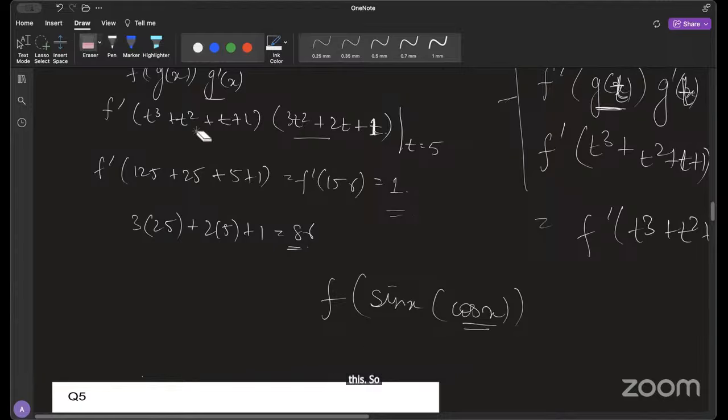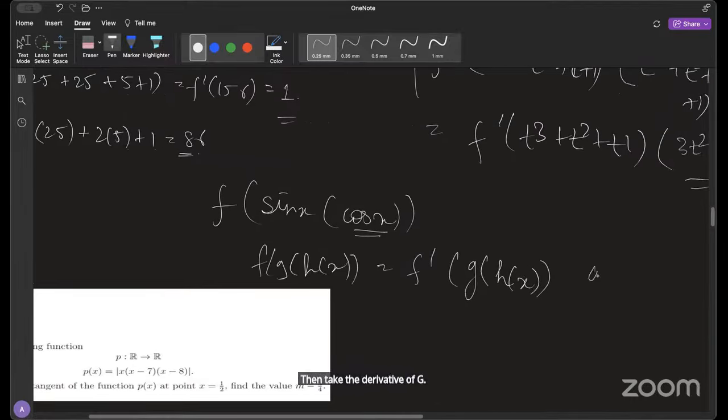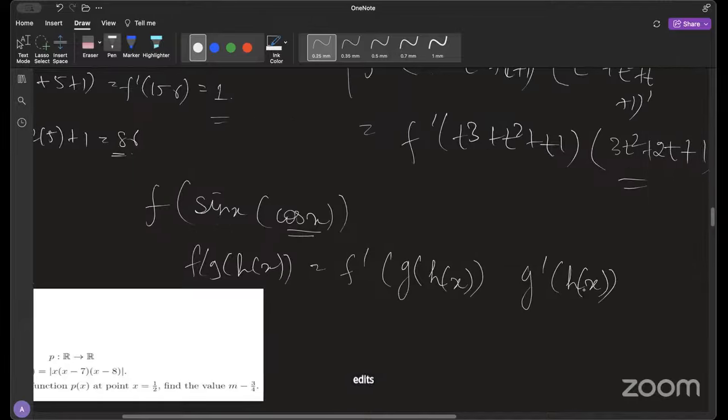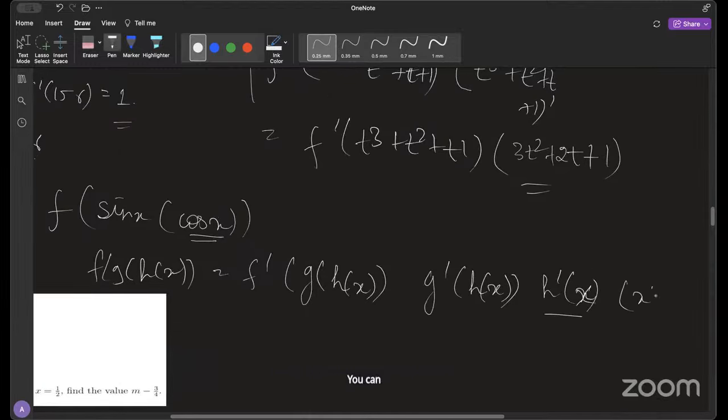So if you have f of g of h of x, then the derivative is going to be f dash of g of h x, then g dash of h x, then h dash x. And then in the argument, finally you have x. You can take the derivative of x, but it's 1 only.